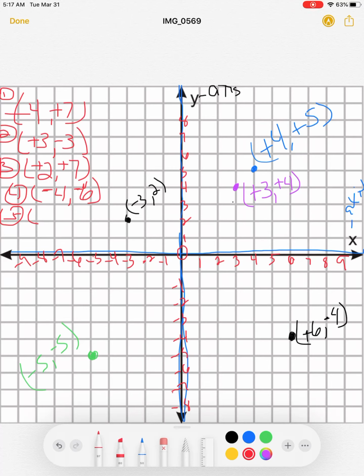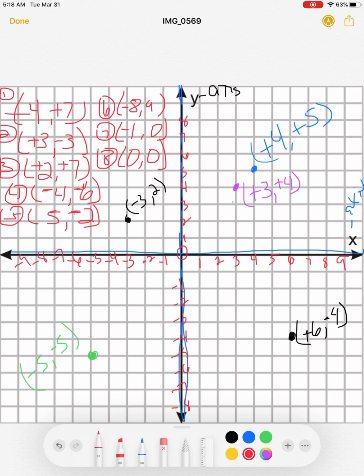Number 5, (-5, -2). Number 6, (-8, +9). Number 7, (-1, 0). Number 8, (0, 0).